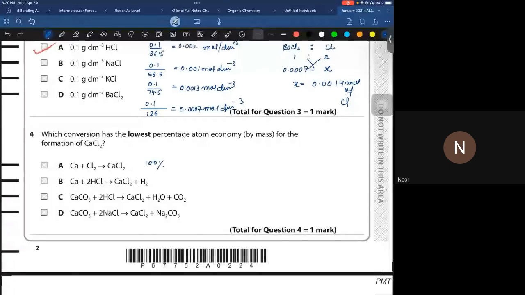What is the molecular mass for calcium chloride? First of all, tell me this. 111.